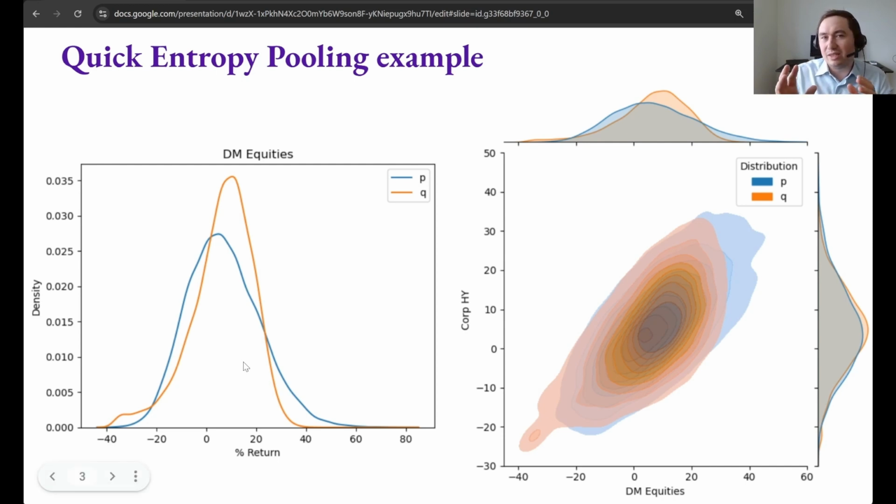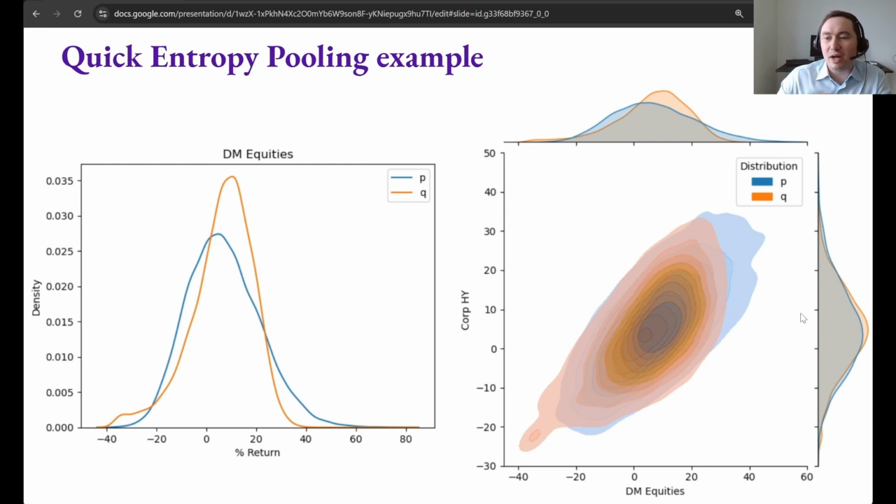Then we implement different views on the volatilities, means, and here also skewness and kurtosis, introduce more mass into the left tails of the distribution. So the elegant feature of entropy pooling is then that it gives us a predictive view here in this case. So if you look at this distribution here, it's the same as we have here on the left side, but just with some fill and a bit not as tall.